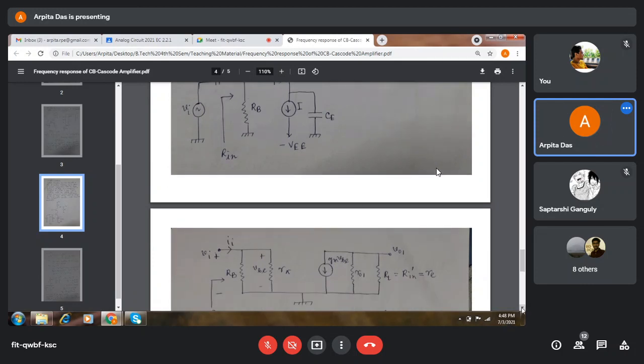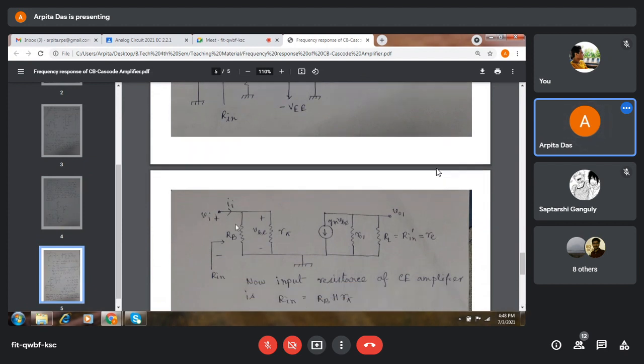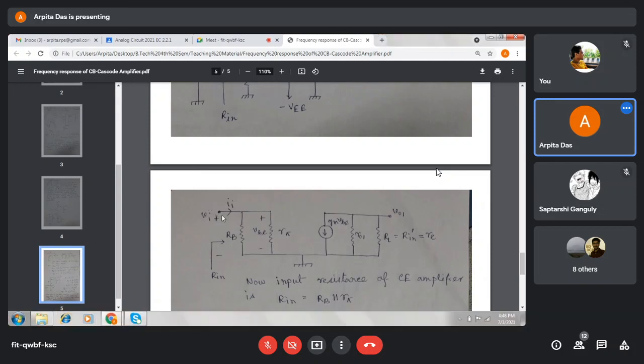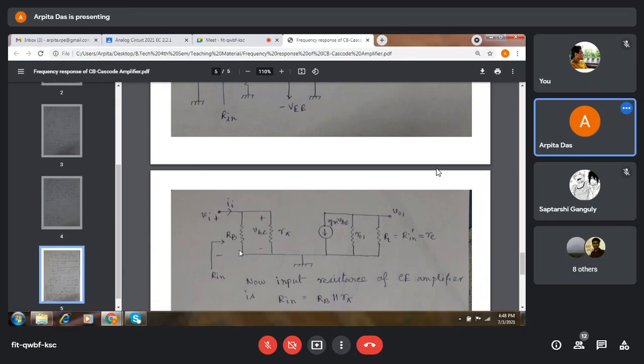So the AC equivalent circuit shows this is the terminal connected with the signal Vi, and the current passing through this terminal is Ii, and RB is connected here at the base terminal. Since we use the hybrid pi model, r pi will appear in parallel with RB. The voltage drop across r pi is VBE.